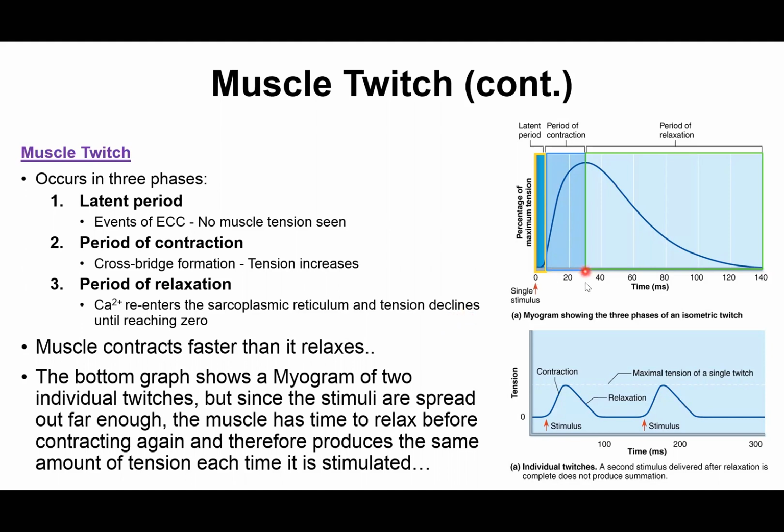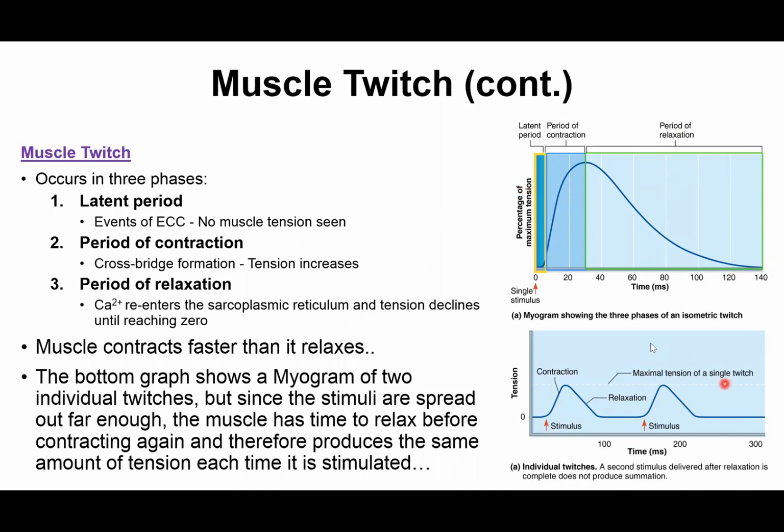So as we can see based on this myogram over here, that muscle contracts faster than it relaxes. So you can see in the contraction phase, we spend only a relatively short amount of time in comparison with the relaxation phase where we spend most of the time. Now this bottom graph is showing you a myogram of 2 individual twitches, right? So if we have one twitch here, and then at the end of this period, we added a second action potential, this graph would repeat itself.